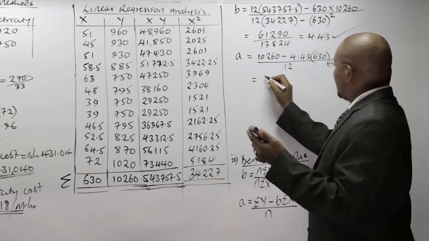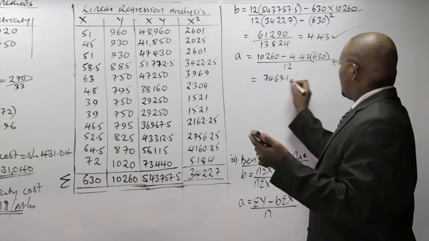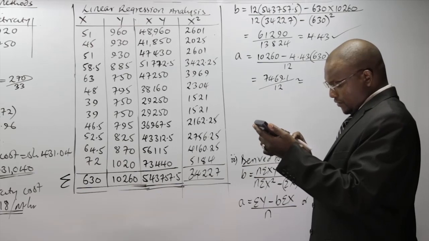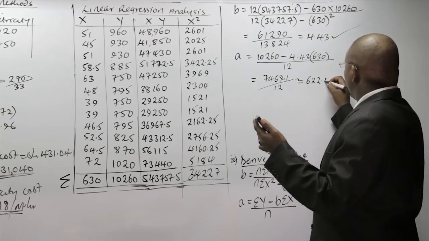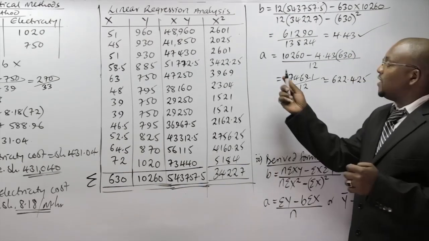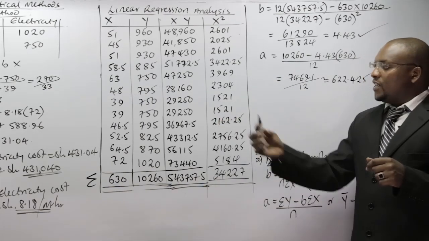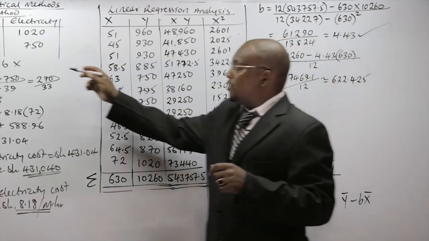This will give us 7,469.1 divided by 12. This will give 622.425. Since we have our B and A, we can now substitute them in our equation, which is y equals a plus bx.